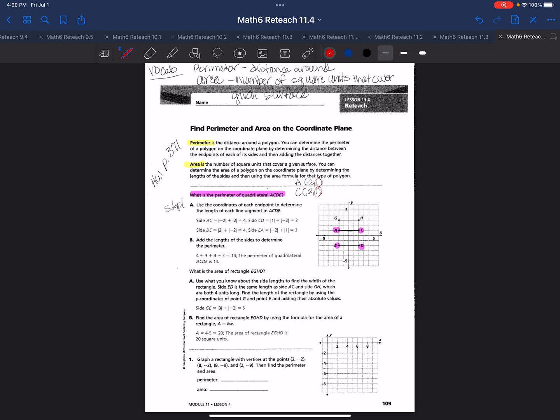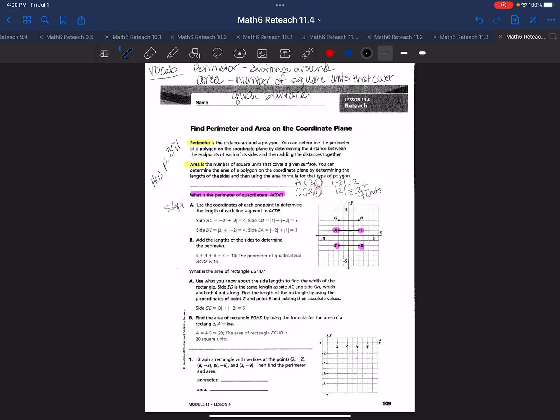Because they have the same y-coordinate, it'll be a horizontal line segment between them. So I take the absolute value of the x values, the absolute value of 2 and the absolute value of -2. The absolute value of -2 is 2. The absolute value of 2 is 2. So I add them together and I get 4 units.